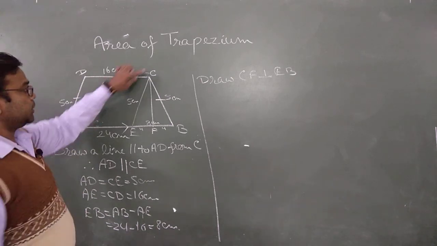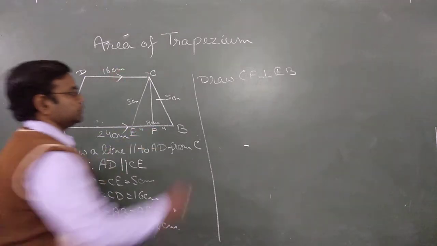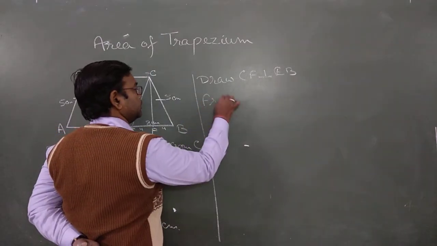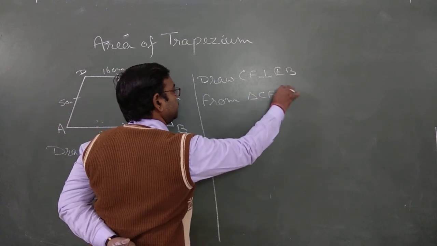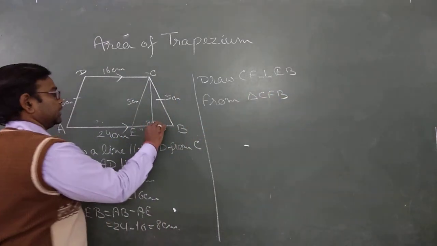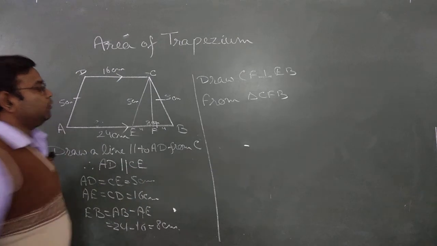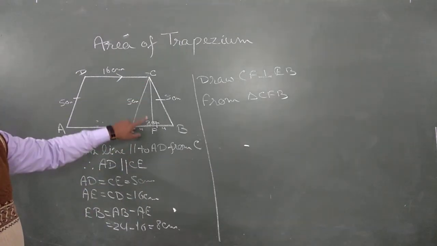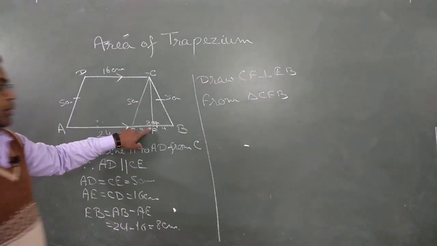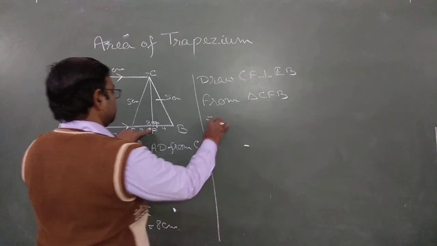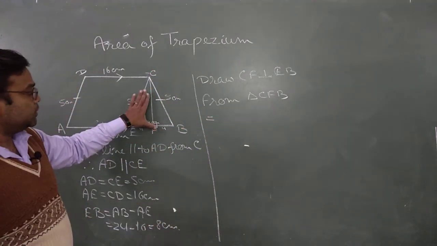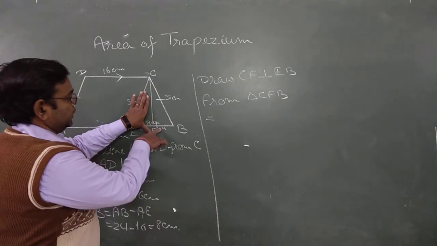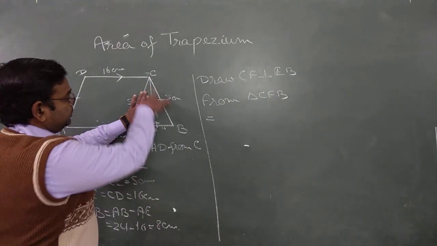So from triangle CFB, no need to get confused, from triangle CFB, which itself is a right angle triangle, we first find out the height of the trapezium CF. So how do we find this one? See, I should look only at this figure. This is your base, this is your height, and this is your hypotenuse.